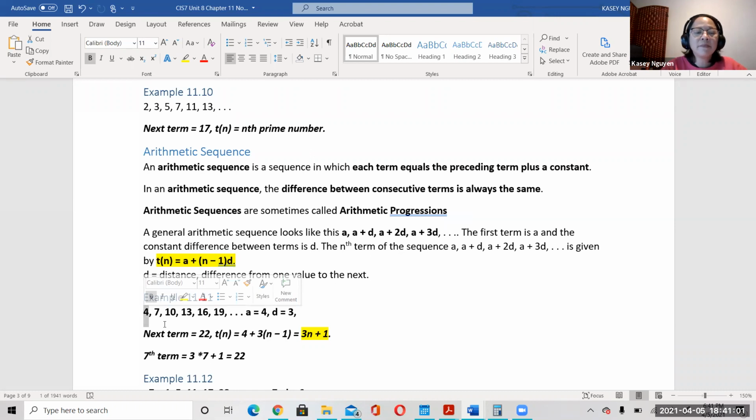And how can I find the distance? You take one term and subtract the previous term. 7 minus 4 is 3. 10 minus 7 is 3. 13 minus 10 is 3. So my d is going to be 3.